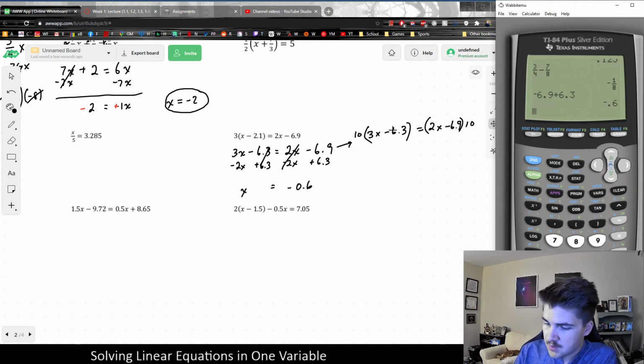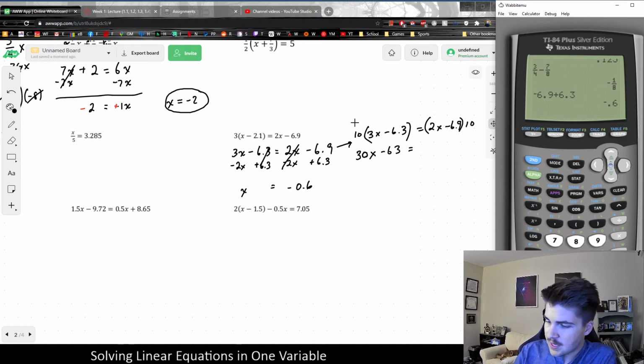Well, 10 times 3 would be 30x. 10 times 6.3 would just make 63 because there's the moving decimal point rule, which is when you multiply a decimal number by a power of 10, you move the decimal that many spaces. And again, that's just because really this is 6 3/10 or 63/10, and if I do 63/10 times 10, I'm left with 63.